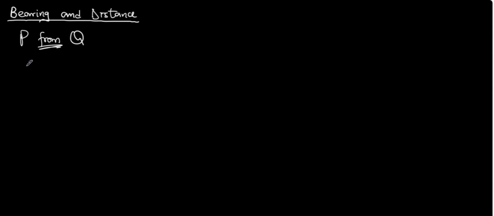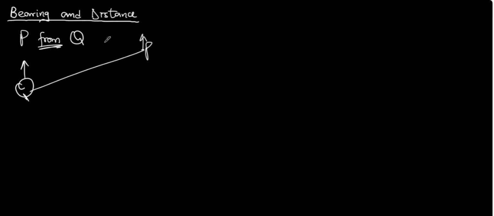So it means that the starting point is not P, but Q. So we're starting from Q, moving towards P. So the bearing of P from Q is the direction of P starting from Q. This "from" is very, very important in denoting the direction of your point.